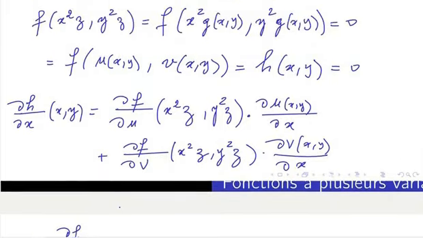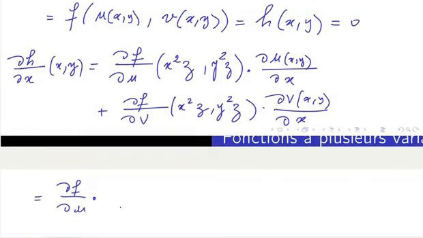So u is the function x over z. When we differentiate it with respect to x, it gives 1 over z plus x times the derivative of z with respect to x. We just differentiated x over z, which is a quotient.